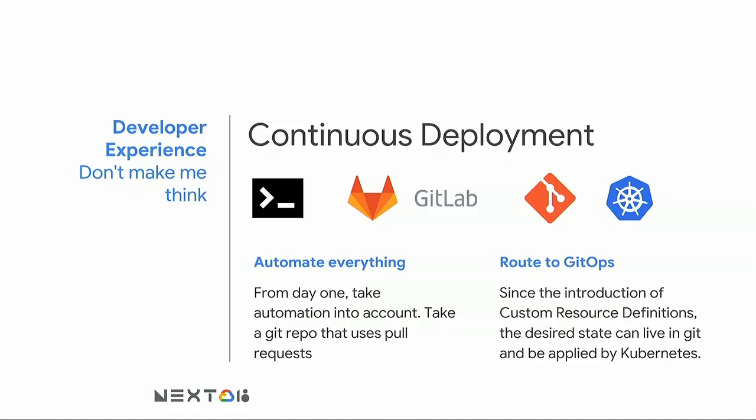We chose GitLab because it is a nice combination of Git repos and deployment pipelines, and it has nice tools for code reviews as well. We are now going to the next level, and with the evolution of Kubernetes, with the custom resource definitions, we are going for a GitOps approach, where the desired state is in Git itself.